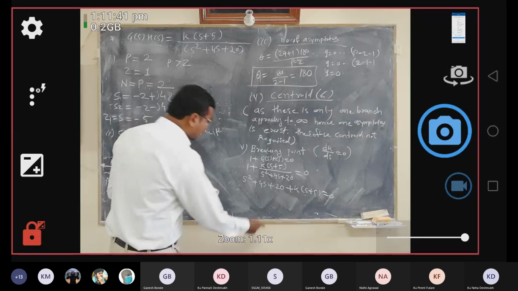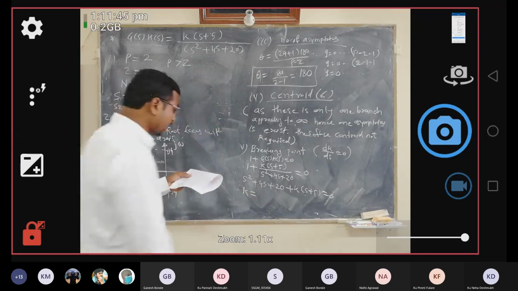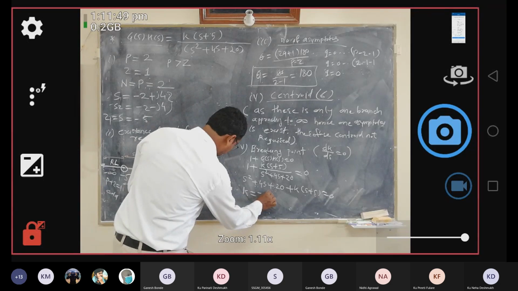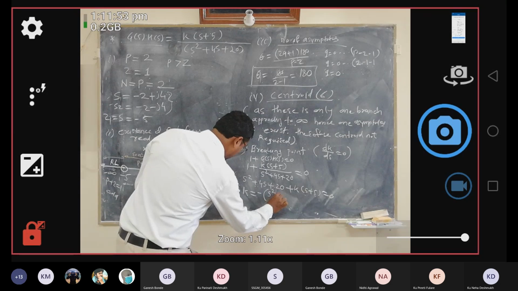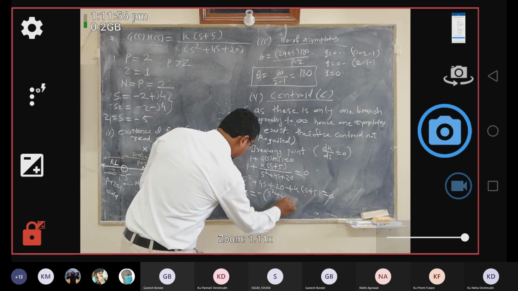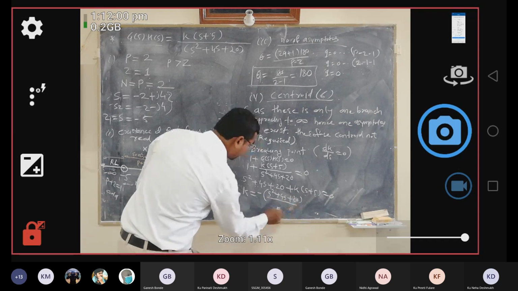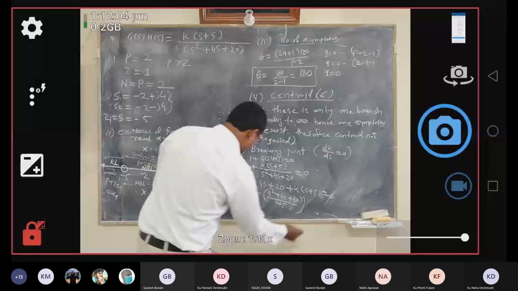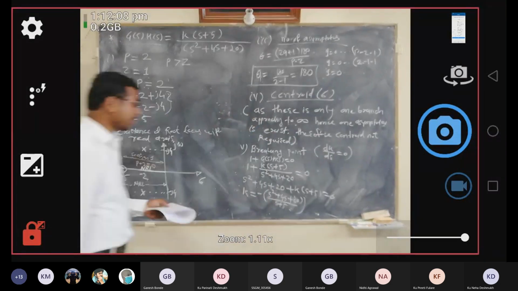So here we'll get the function: K is a function of s. So K is equal to minus of (s square plus 4s plus 20) divided by (s plus 5). So K is a function f of s.